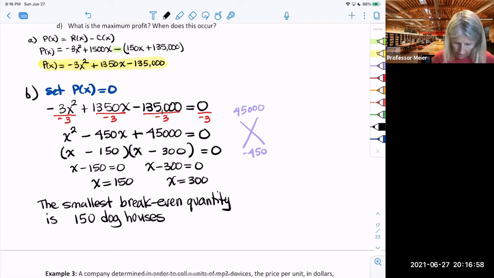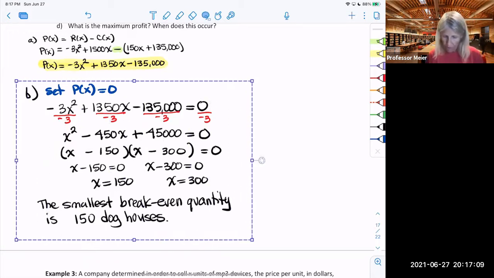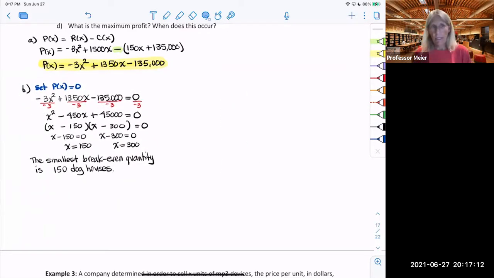Got to label your answer. So when you sell 150 dog houses, you are going to break even. Your profit is going to equal 0. Or if you prefer to think of it as your revenue is going to finally equal your cost.